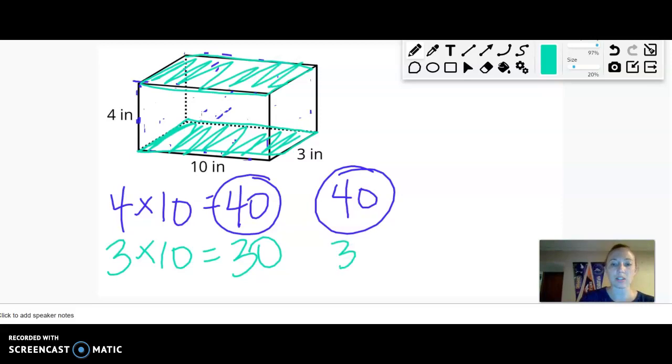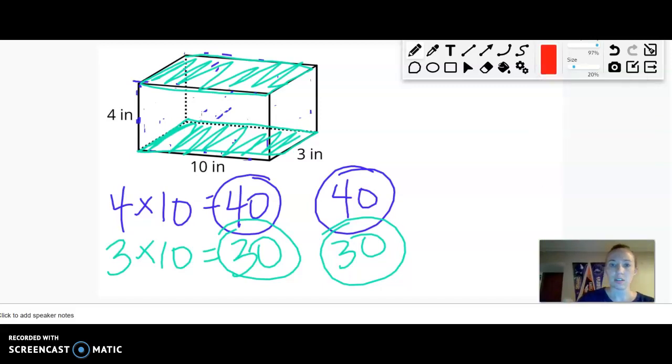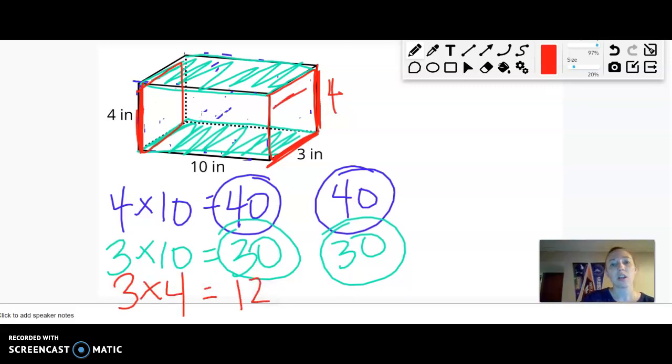Those match. So I need another 30. So I have two 30s. Now I have this side and this side. So I know it's 3 here. This isn't labeled over here, but it is labeled over here. So I know it's 4 tall, so it's 3 times 4, which is 12. Remember, I have 2 of them, so 12 and 12.